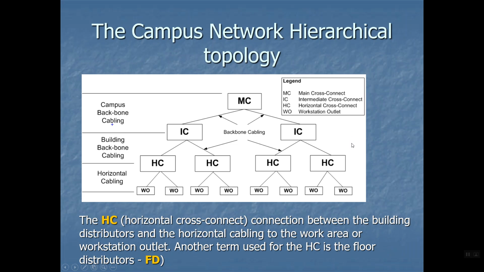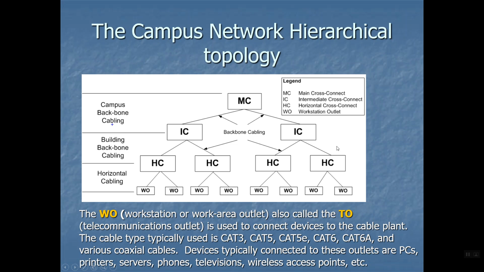The horizontal cross connects between the buildings are distributors, and the horizontal cabling goes to the work area or workstation outlet. Another term used for HC is the floor distributor. Workstations are where people are working, and typically this is going to be Cat 5e or 6.